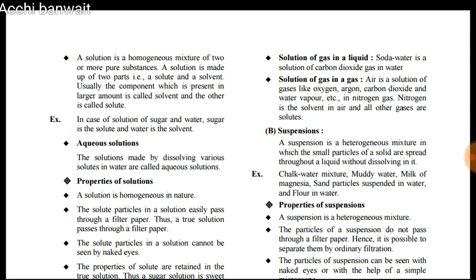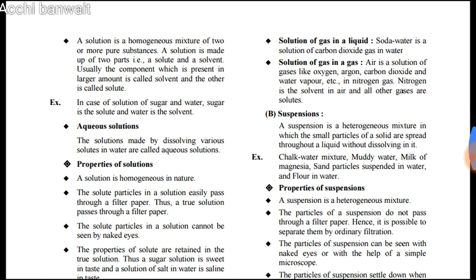So this is gas in a liquid. Next is solution of gas in a gas. Air is a solution of gases like oxygen, argon, carbon dioxide and water vapors, etc. in a nitrogen gas. So nitrogen is the solvent in air and all other gases are the solutes.